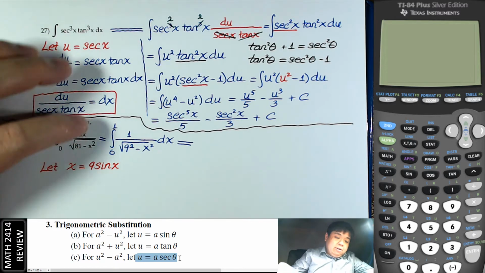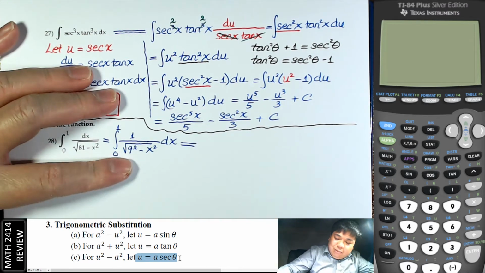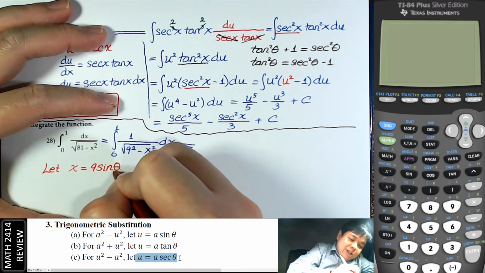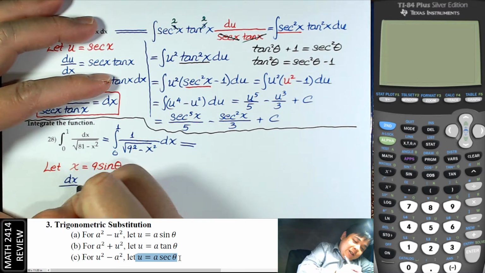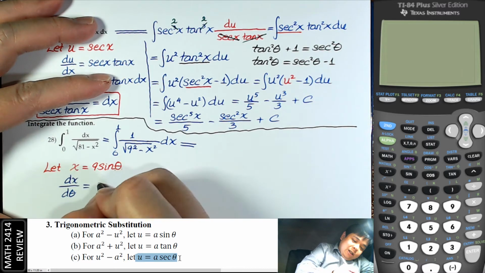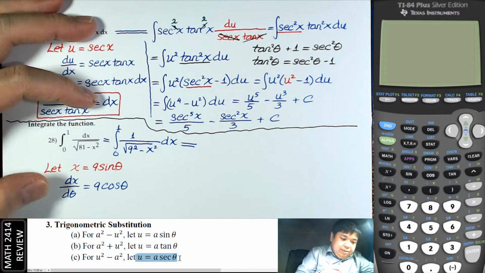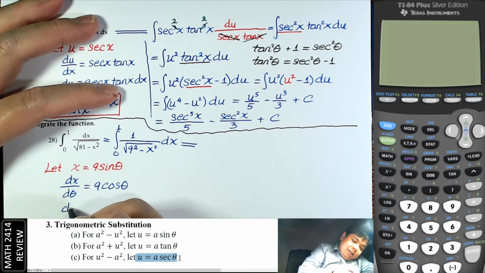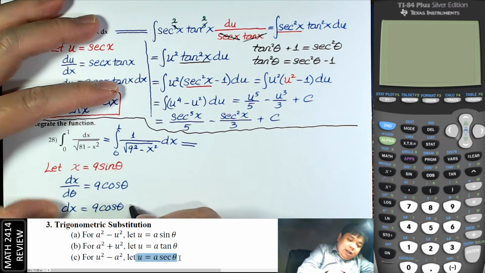Or rather, I take the derivative, because it's not x, it's something else. Right, take derivative. 9 cosine theta, and dx is 9 cosine theta d theta.